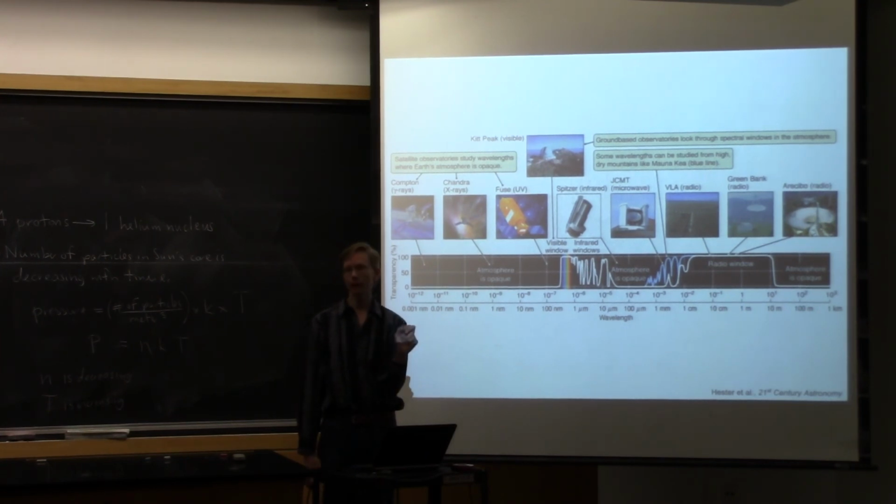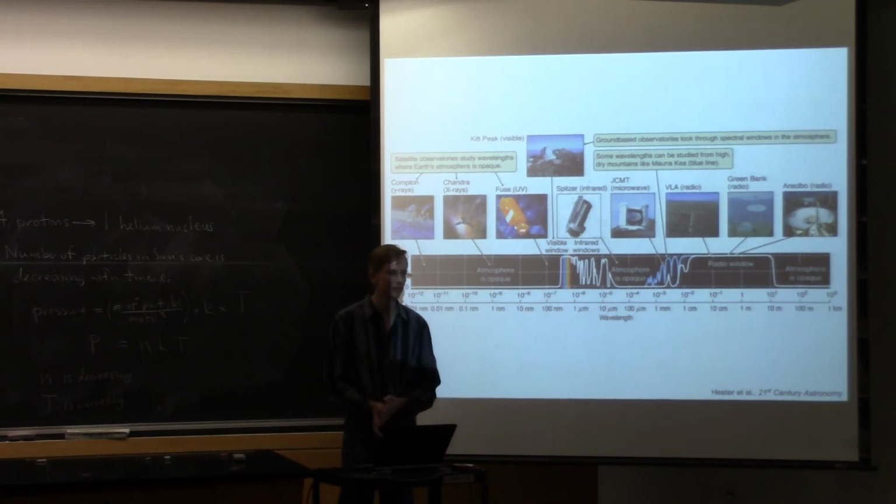But to an awfully good approximation, what it comes down to is, if you want to see anything other than visible and radio, then you should be in space. Or with some infrared wavelengths of interest, you can do it from aircraft, or a little bit at high mountaintops and stuff like that.